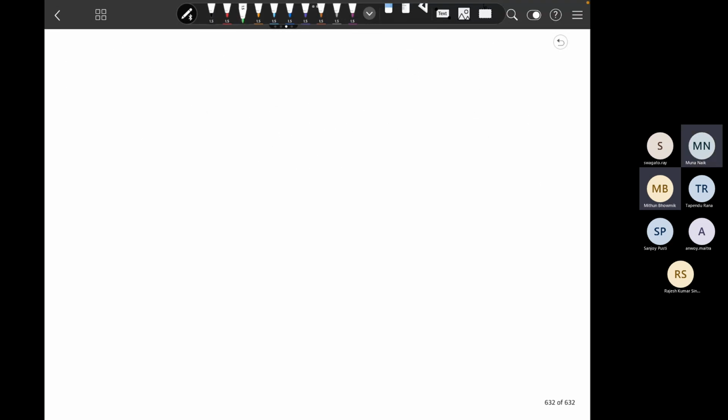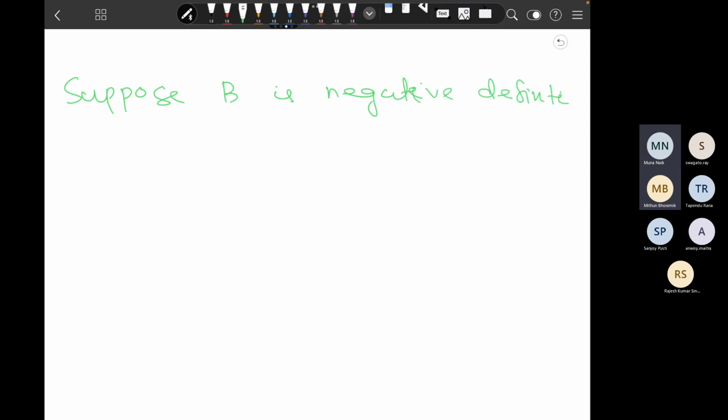Okay. Suppose this B is negative definite on 𝔤. So let x belong to 𝔤. Now what is the meaning of negative definite?